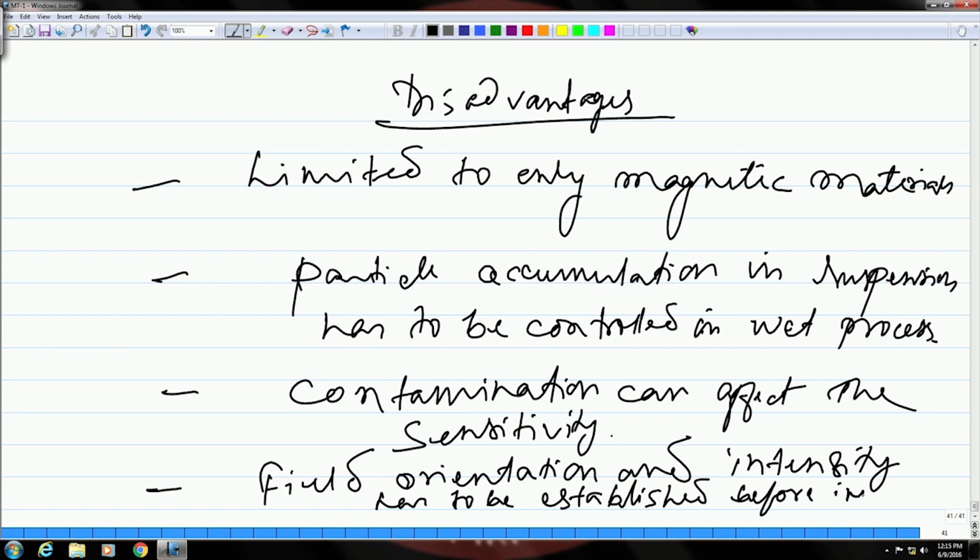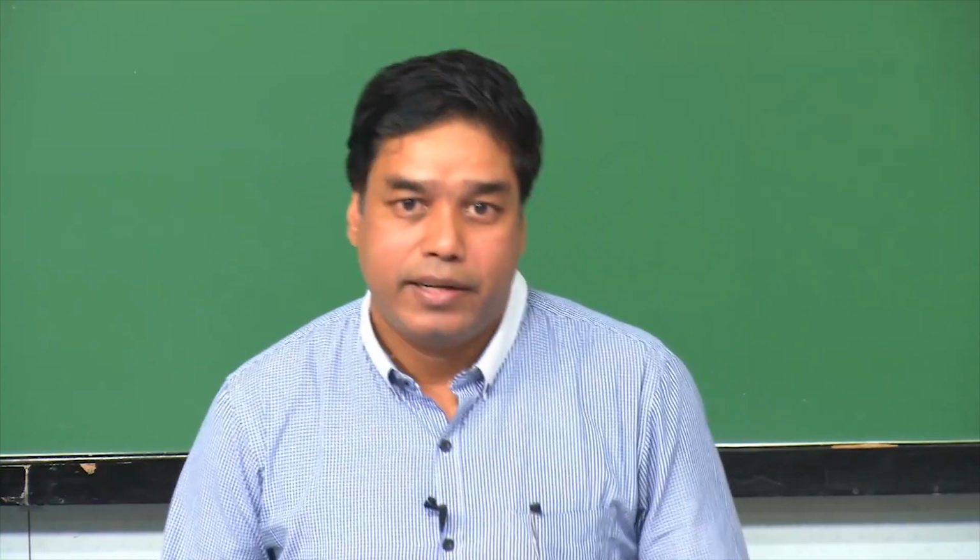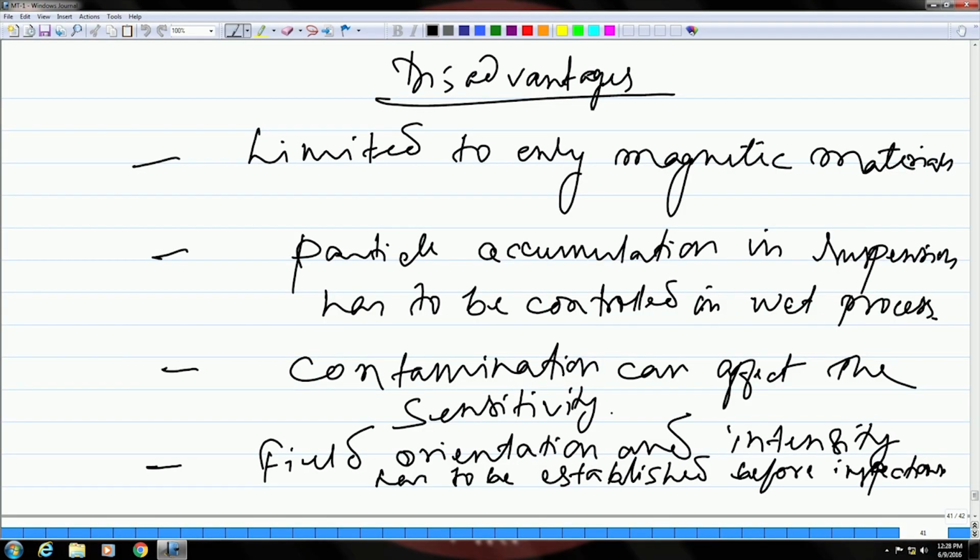Okay. So, these are some of the limitations that this process has, but nevertheless this is a very useful process again for doing surface and subsurface inspection on magnetic materials. Okay, so this will bring us to the end of this particular topic, and before we close this, let us take a moment to summarize.